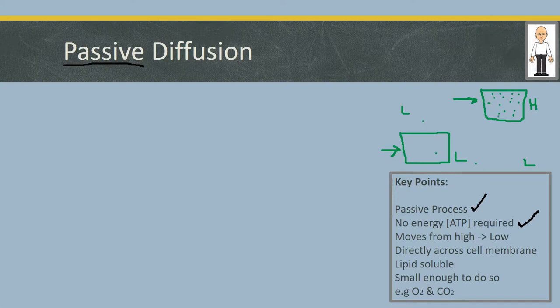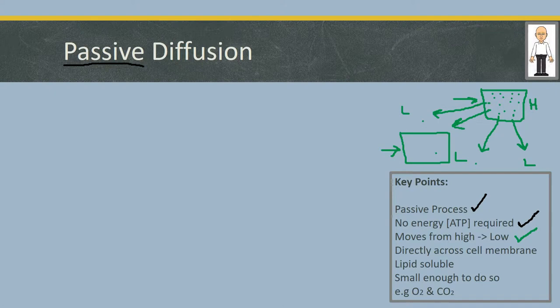And so when they move, they will generally collide and bish and bash to areas of low concentration. So these molecules will spread out to achieve relatively a random balance across the area. Okay, now that is passive diffusion. It's where molecules move from areas of high concentration to low concentration.